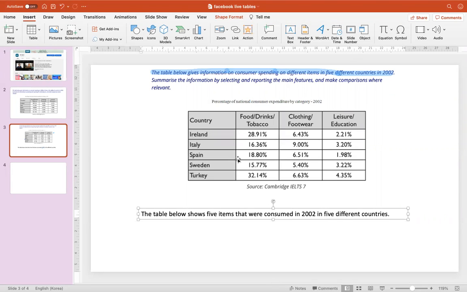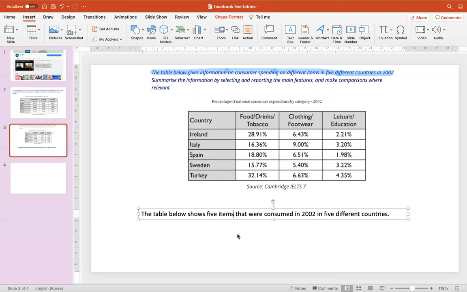The other thing I could say is, in some cases you might actually write the name of the countries or the items in the table. So in some cases you might put that into your introduction. Although I would say in this case there's too much to include.